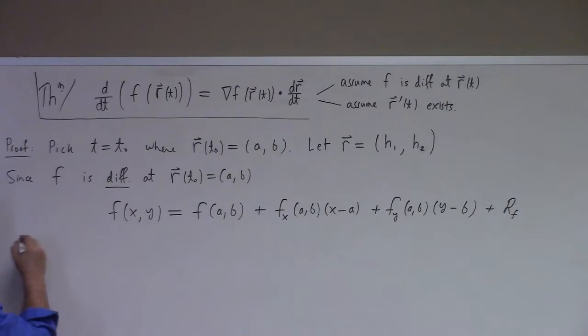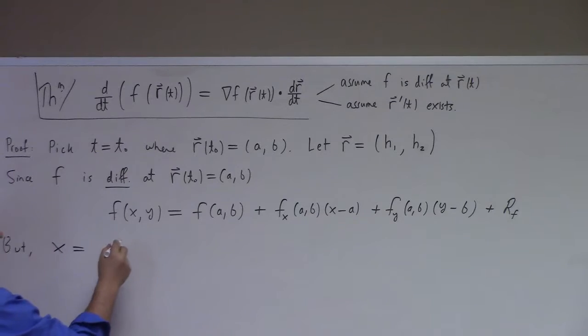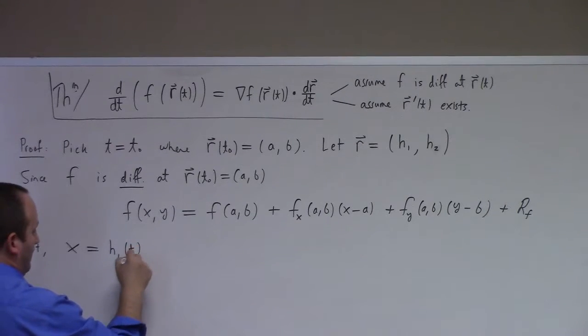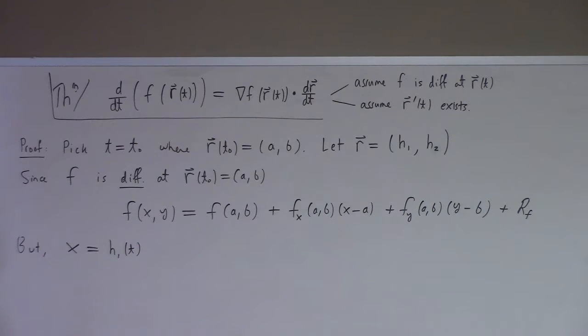So we have a little bit more than this, though, right? But we have x is equal to h1 of t. Now, if h1 is itself a differentiable function, that means I can approximate it as follows.